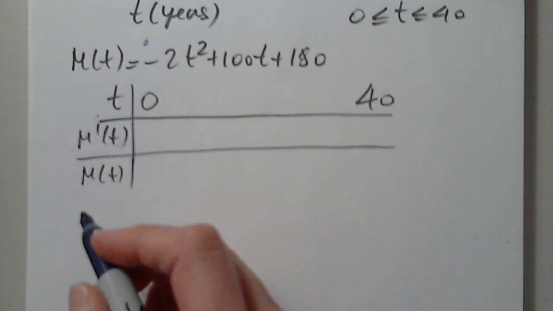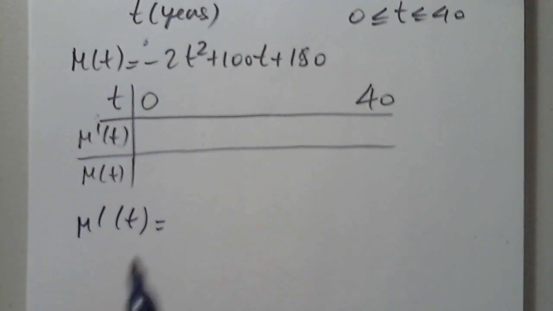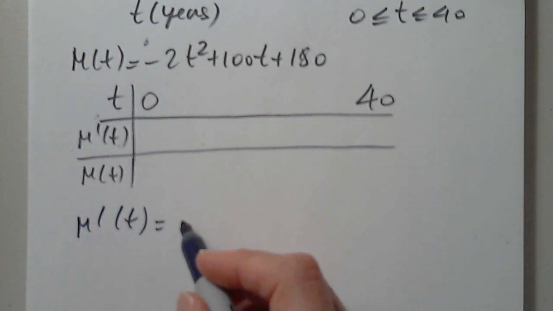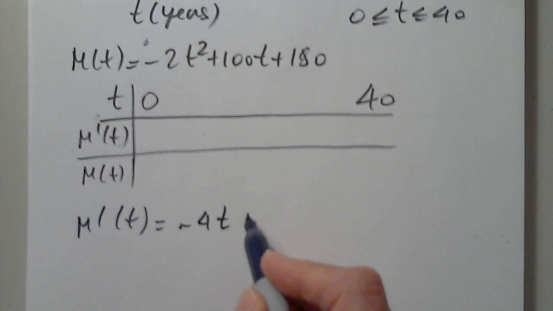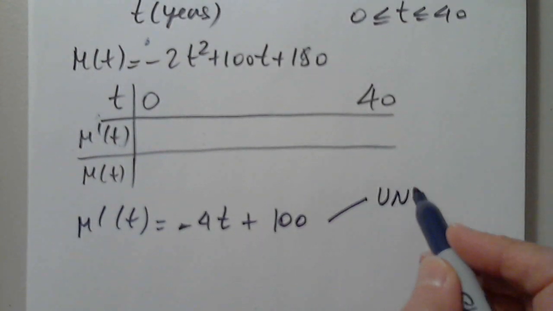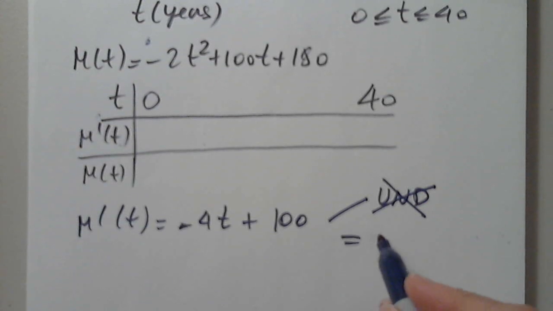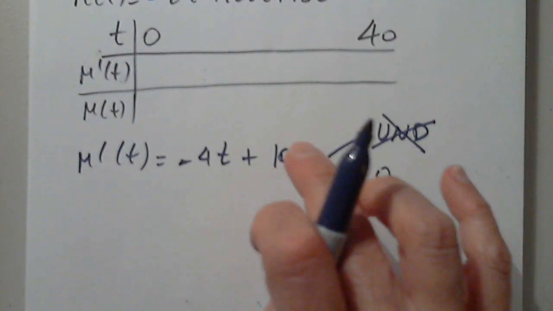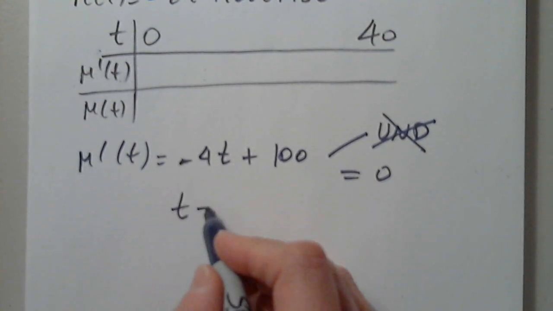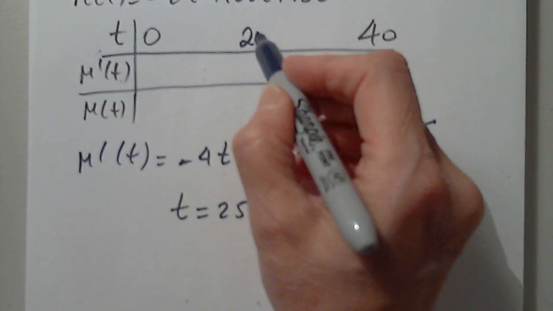The derivative equals 0. Yes. So M prime of T first of all, and then it's 0 or undefined. Can anyone differentiate it for us? Negative 4T plus 100. Excellent. And of course, this cannot be undefined, but it could be 0. If it is 0, then I move 100, it becomes negative, and I divide by negative 4, so I get T equals 25.